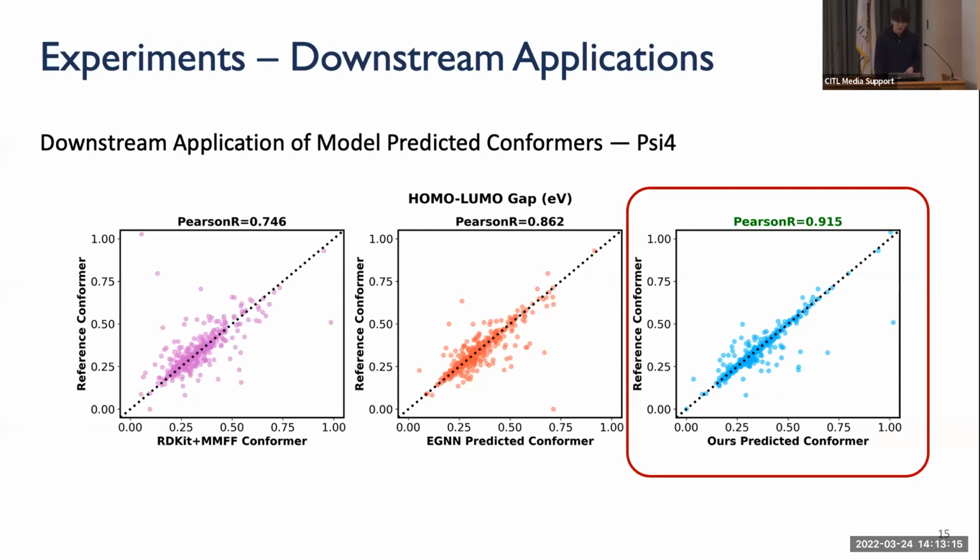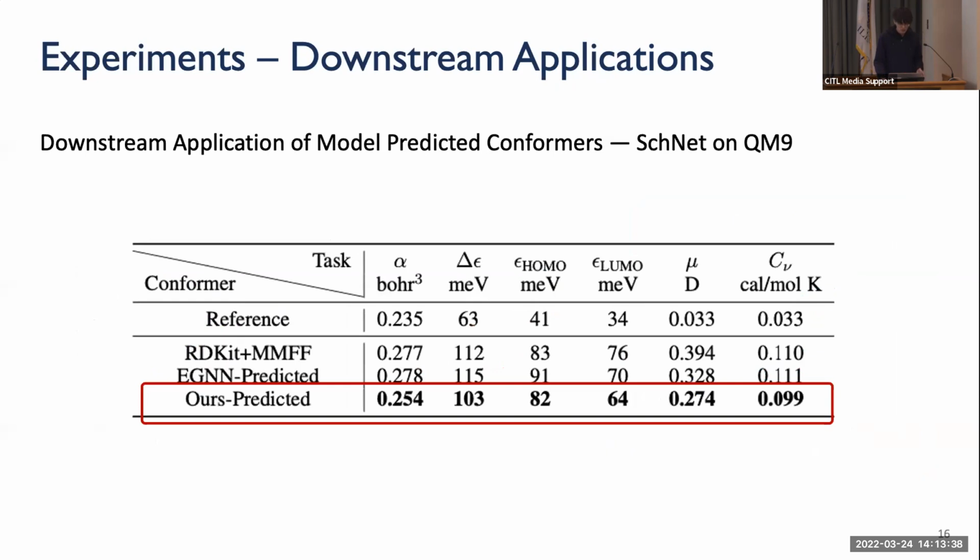The first example is that we use a predictor to predict the HOMO-LUMO gap with reference conformers or the model predicted conformers. And we found that our predicted conformers have the highest Pearson correlation factor with the one predicted with the reference conformers.